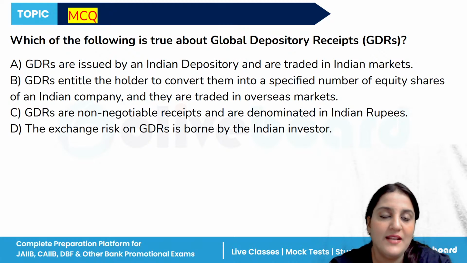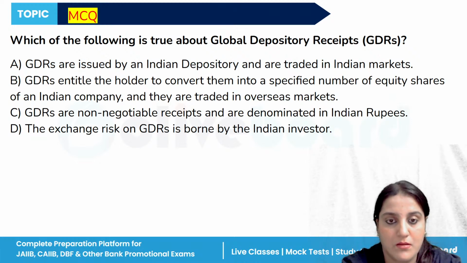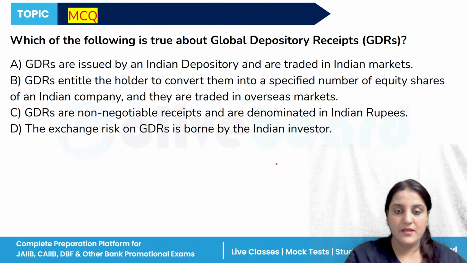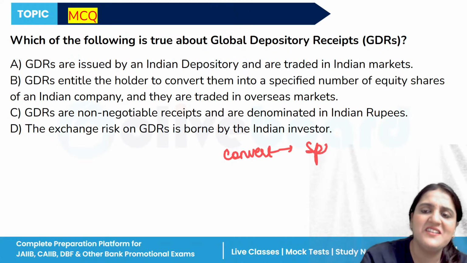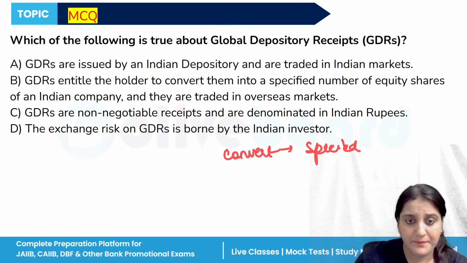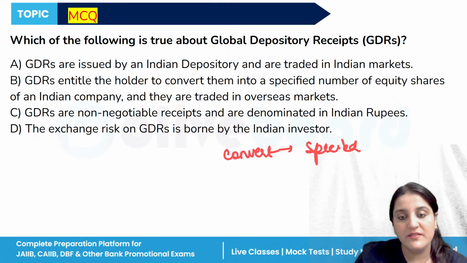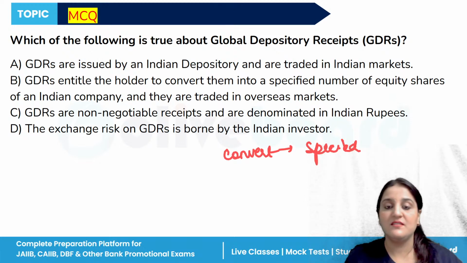Which of the following is true about GDRs? GDRs represent receipts that entitle the holder to convert into a specified number of equity shares of the Indian company. They are negotiable, denominated in foreign currency, and the exchange risk on the GDR is borne by the overseas investor.